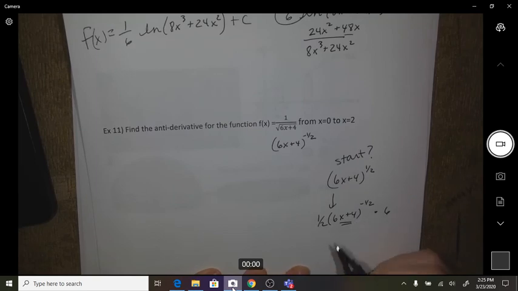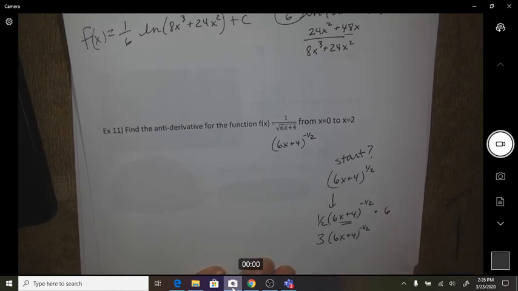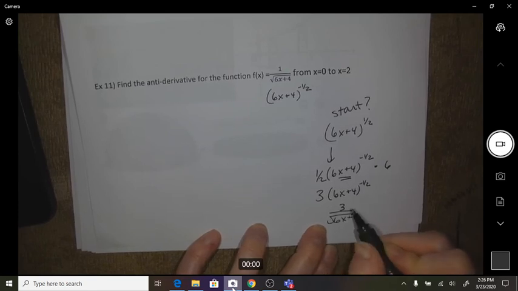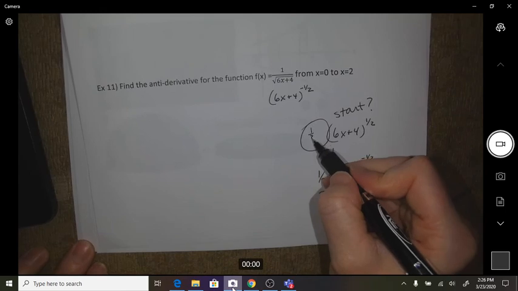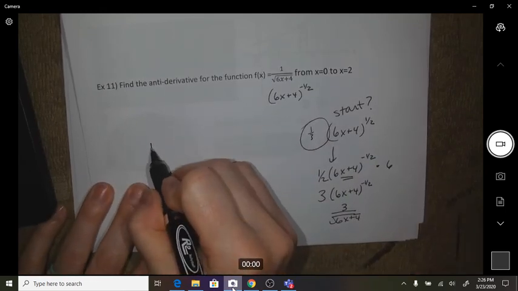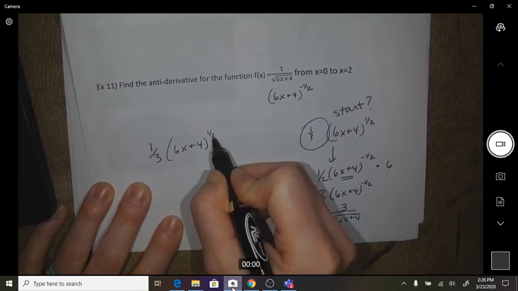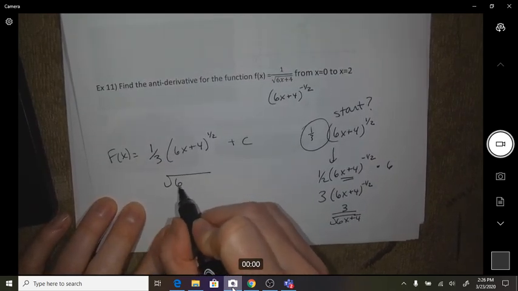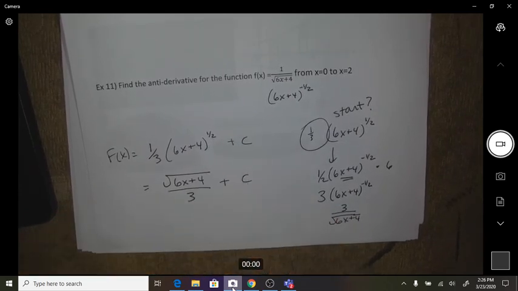So a half times 6 is 3. So here's what I got, and here's what I'm supposed to get. I got 3 times bigger. So what would I need in the front? I would need to put a 1/3. That could also be written as the square root, because a half exponent is the same thing as a square root.